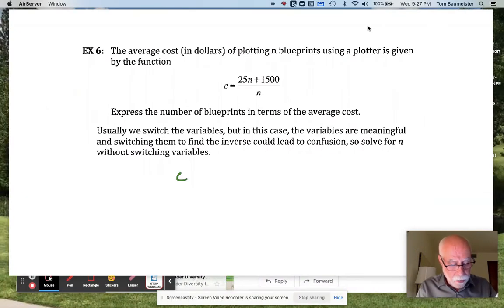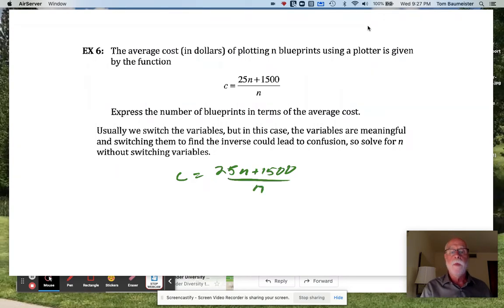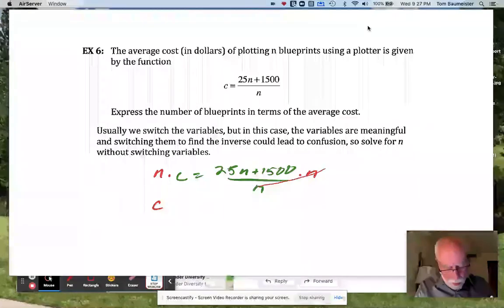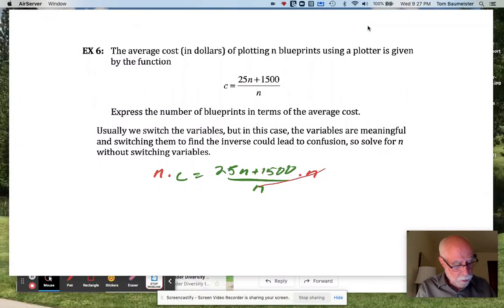So we have c is equal to 25n plus 1500, all of that over n. So now I have an n on the bottom there. So to get rid of that as a fraction, I can multiply both sides by n. All right, so now see what happens here. The n's are going to go away on that one there. And again, we like to put them in alphabetical order, technically.